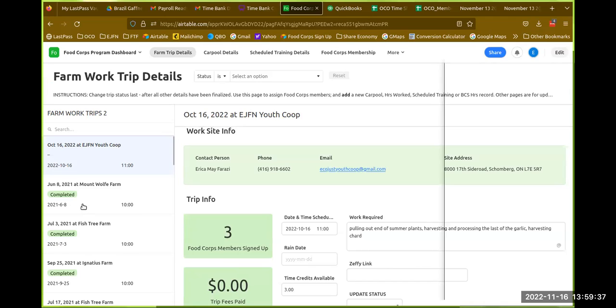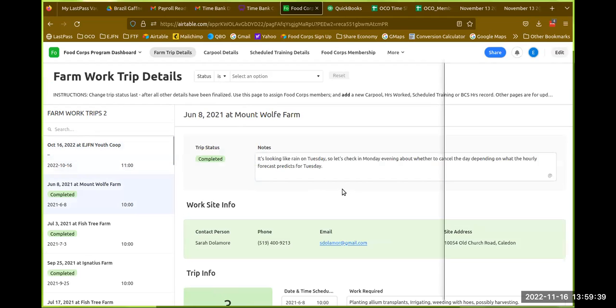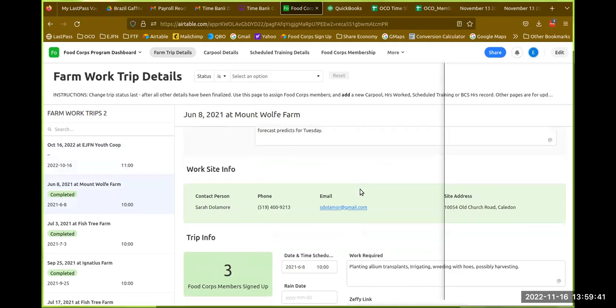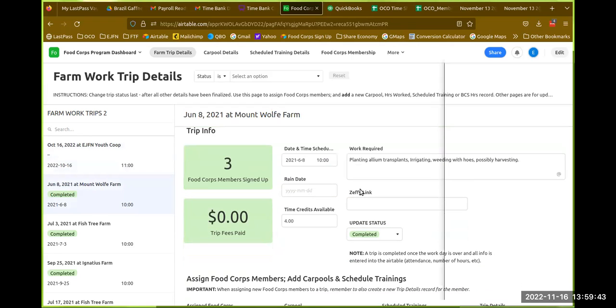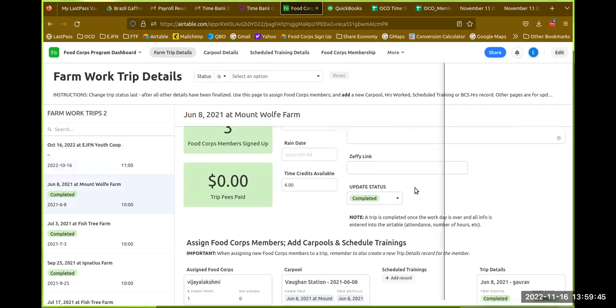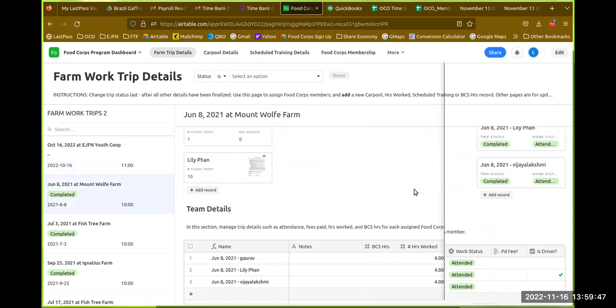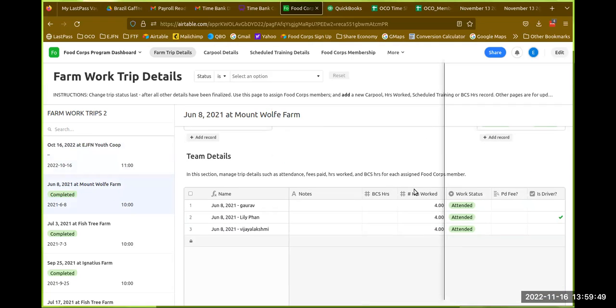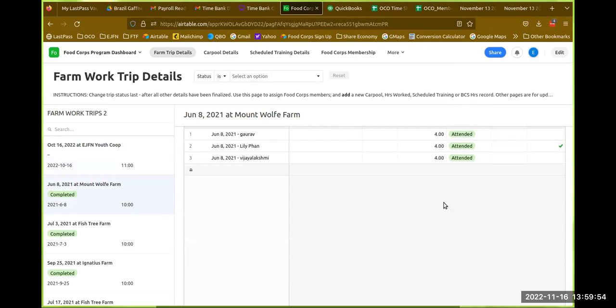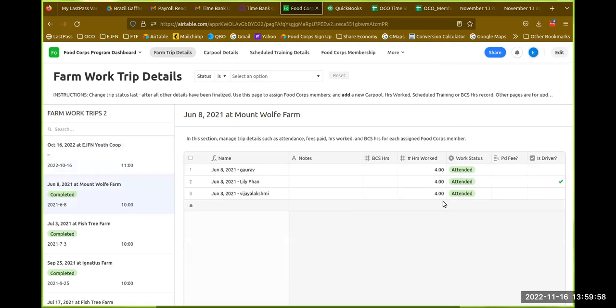The number of hours in each work trip translates to the number of time credits that are automatically awarded to the farm workers. And that is synced in with the time bank overall calculations proper. Yeah, I think you can go back to the time bank one.